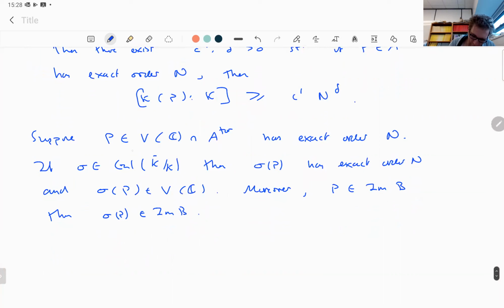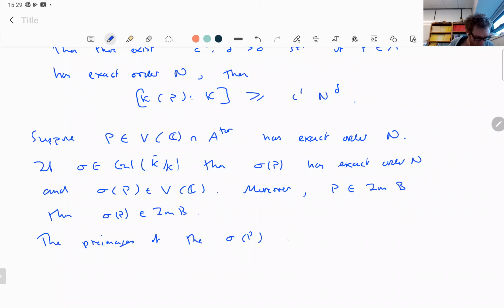So the pre-images of these points, these sigma of P, all give rational points on X of height at most n.